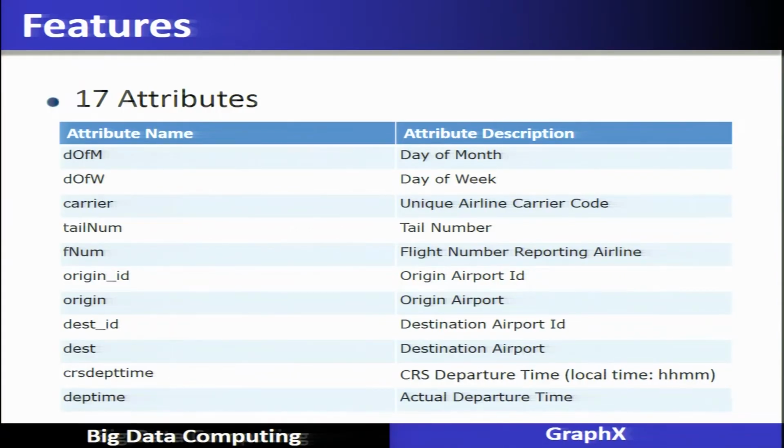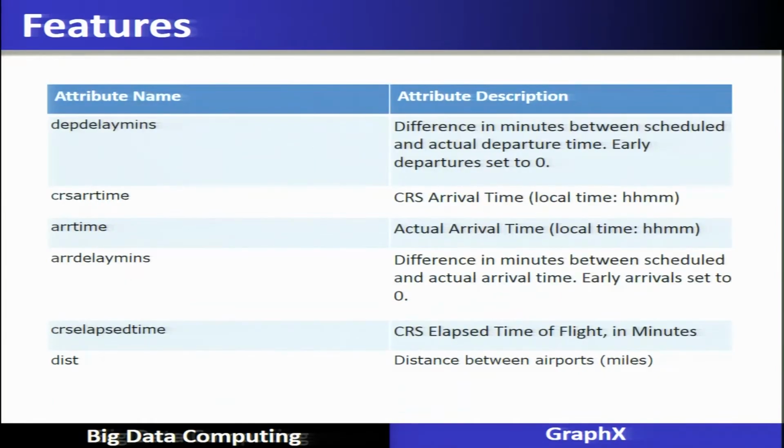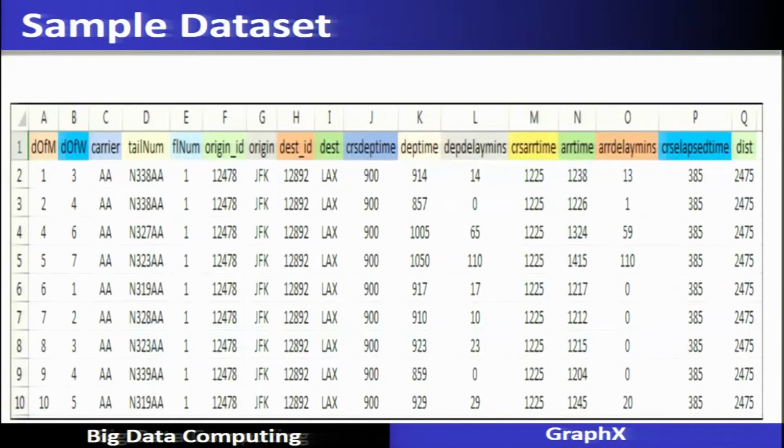CRS departure time is the scheduled departure time, and departure delay minutes is the difference in minutes between the scheduled and actual departure time; earlier departure is set to 0. Similarly, there are the arrival times, and arrival delay in minutes is the difference between the scheduled and actual arrival time, along with the elapsed time of the flight and the distance between the airports. This is the sample data set with all 17 features shown for our analysis use case.